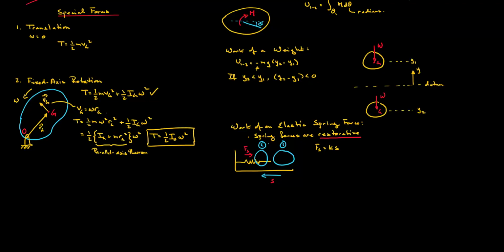But whether stretched or compressed, the work will always be negative, since the force acts against the displacement of the body. So this is our force from Hooke's law. Our work will be this force multiplied by the displacement.